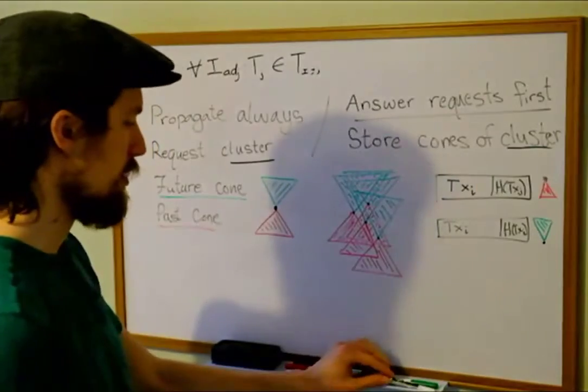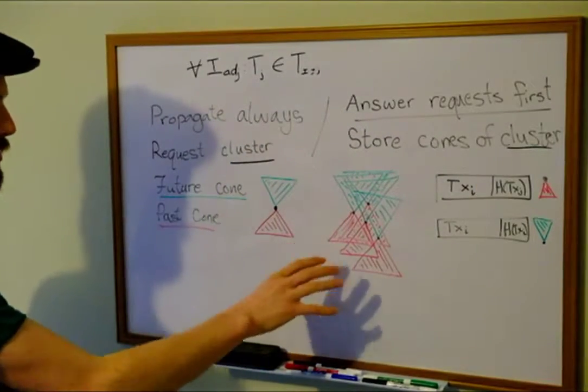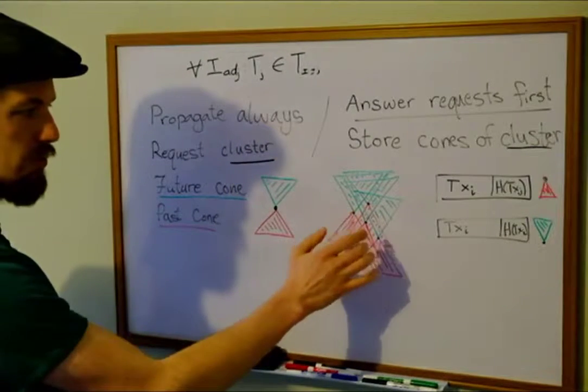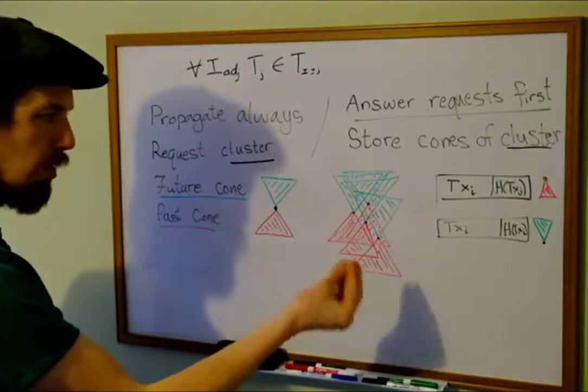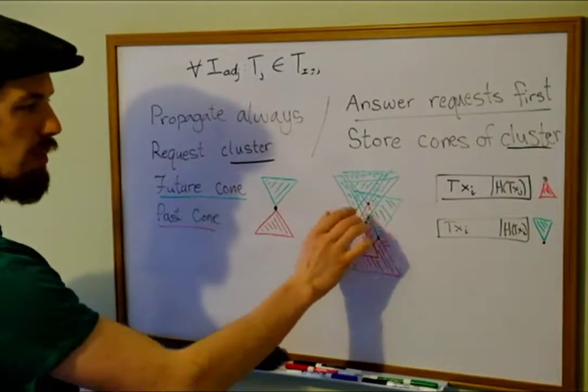I'm just trying to get the idea across. But a cluster is, in this case, these black transactions are markers of the cluster, and the cluster is these red and green areas.